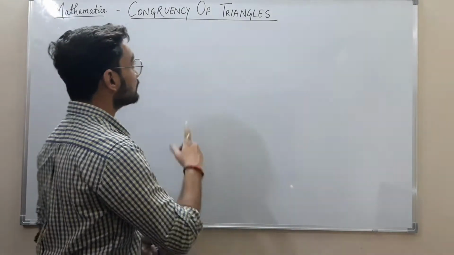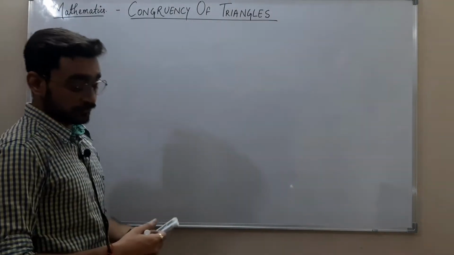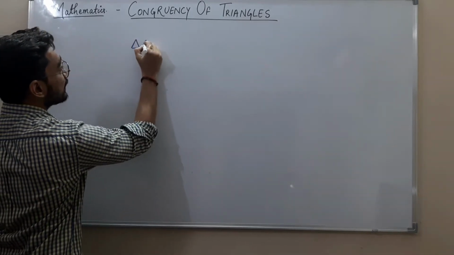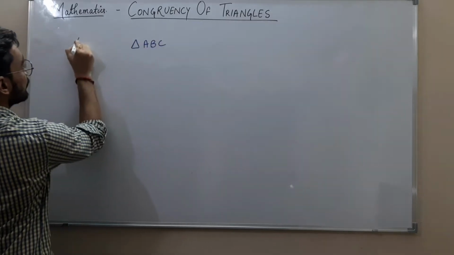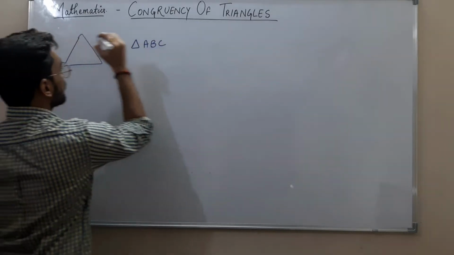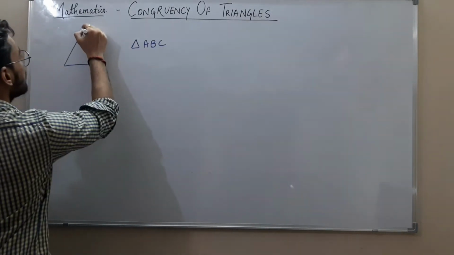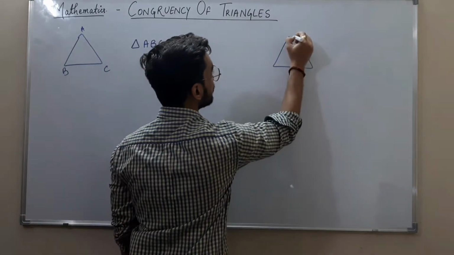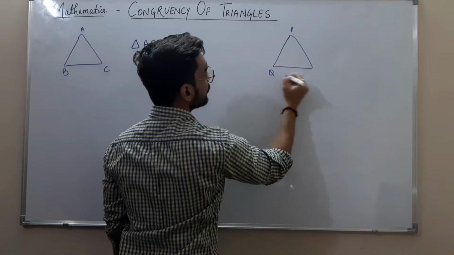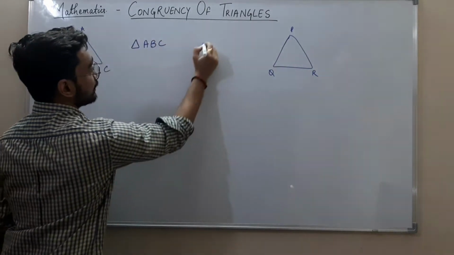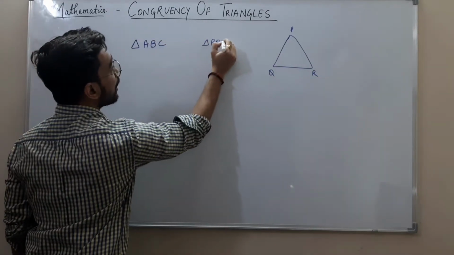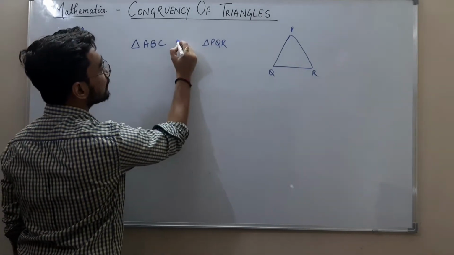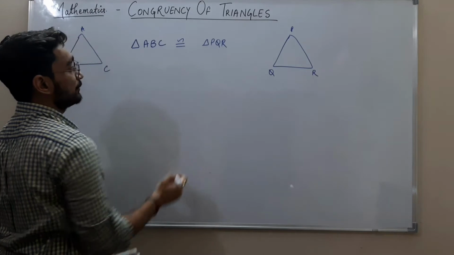So for the congruency of triangles, whenever we have to mention it, for example, I'm saying triangle ABC. This is my triangle ABC. If this triangle ABC is congruent to triangle PQR, and I want to say that they both are congruent to each other, I have to use the symbol of this one.